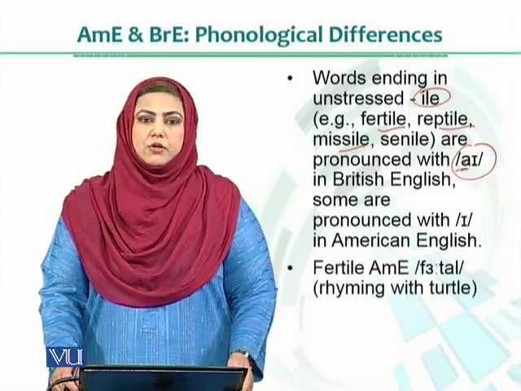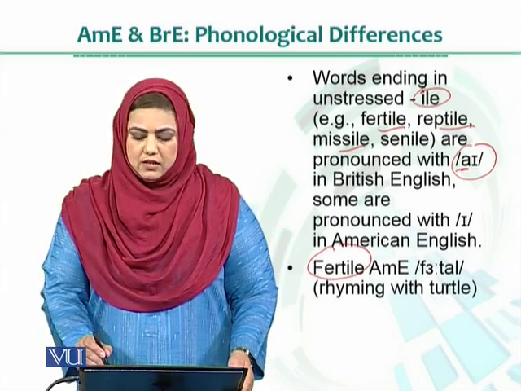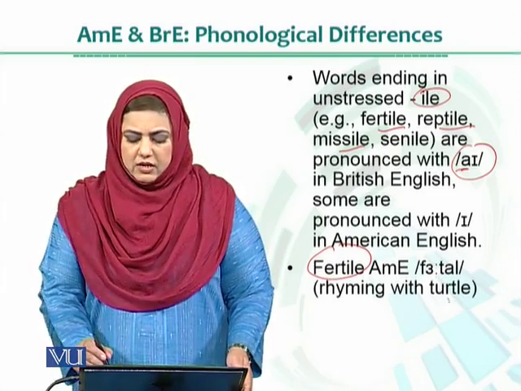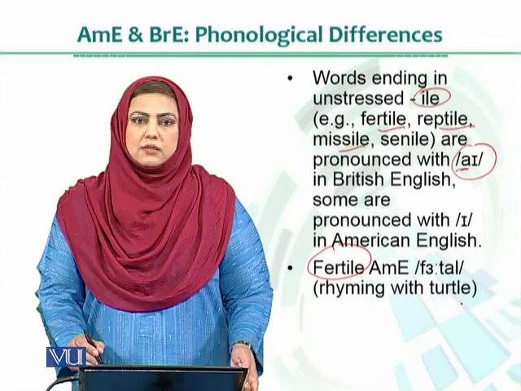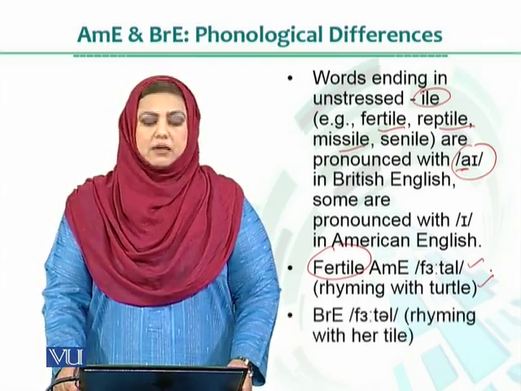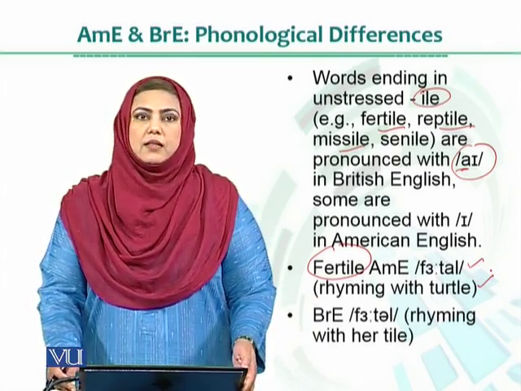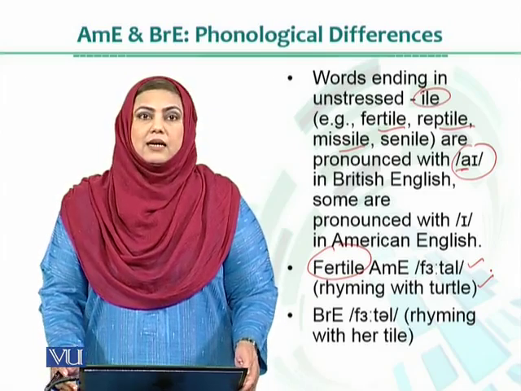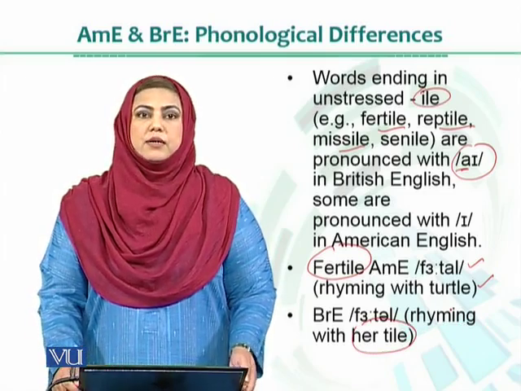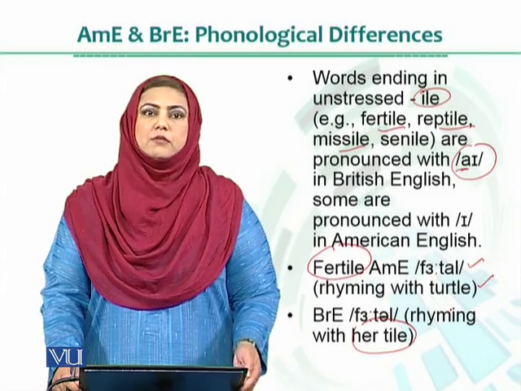So, if you look at the example of fertile, it would be pronounced in American English like we pronounce turtle. So the pronunciation would rhyme with turtle. Whereas in British English the pronunciation would be fertile, with the il sound, rhyming with tile. The American one is fertile, like we pronounce turtle.